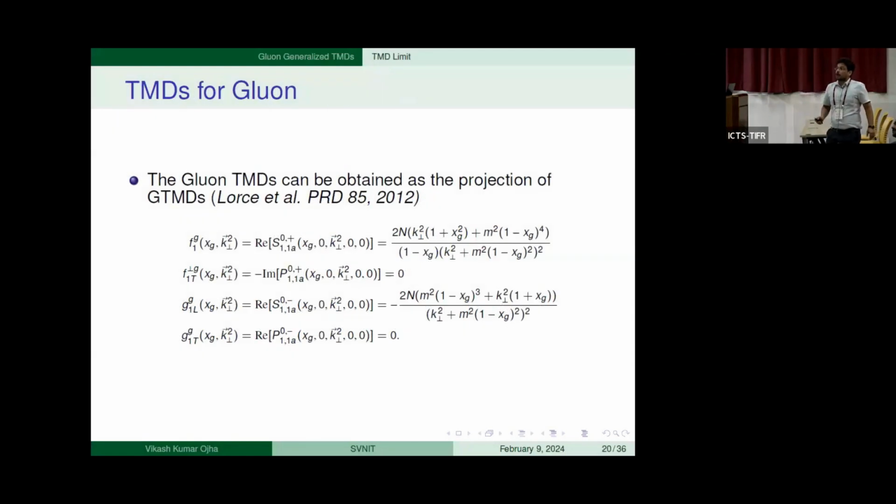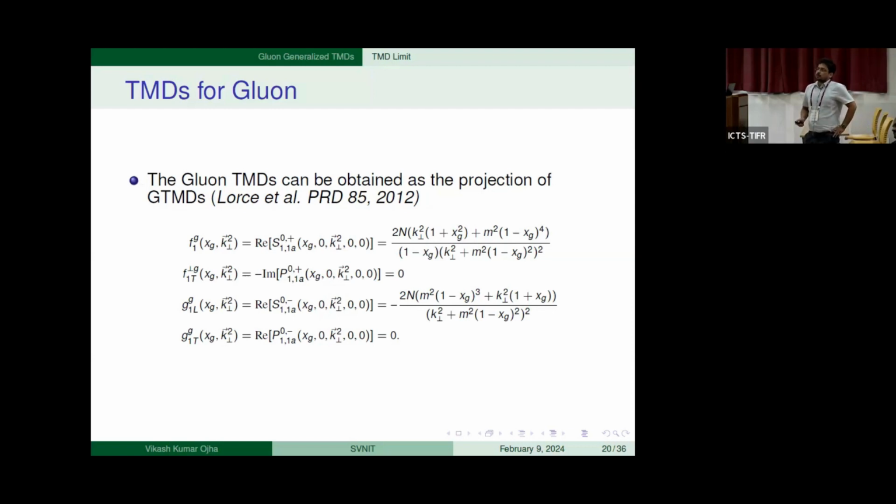Okay, so because we have these generalized TMDs, we can project them under some limit and we will get the TMDs. These are the various TMDs which we have obtained using different projections. These relations are model independent, and they are given in the reference of Lorcé and others' paper.